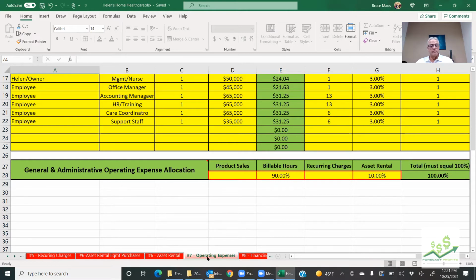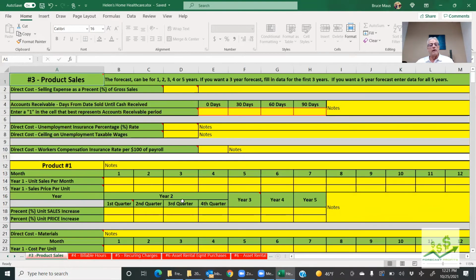I want to go back before we get to financing to the other two revenue models, which I want to make a brief comment about. Product sales would pertain to if you manufacture a product or purchase a product and mark it up for resale.